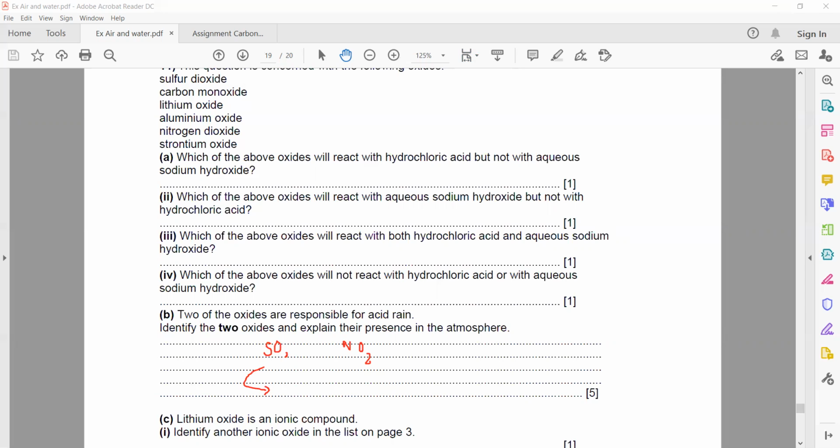So fossil fuels which contain sulfur. And the second thing, from where do we get these oxides of nitrogen? Oxides of nitrogen are formed inside the car engine due to high temperature.